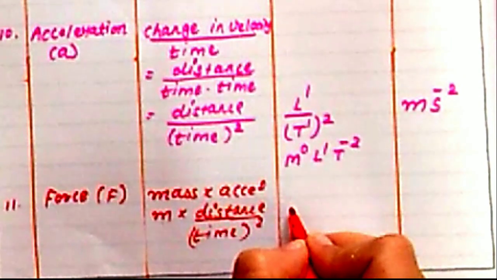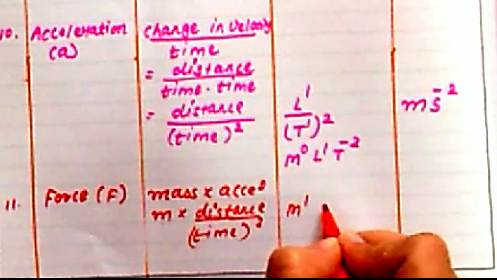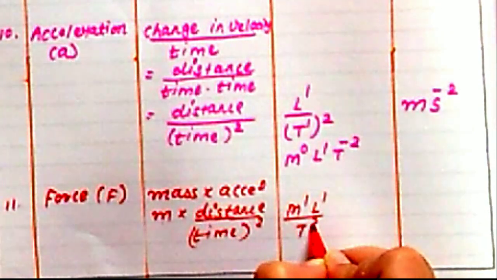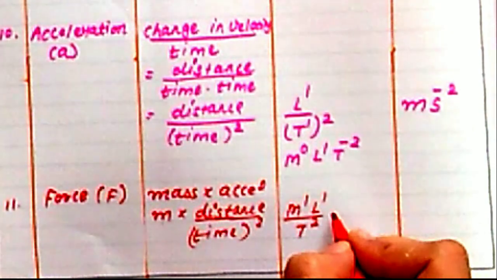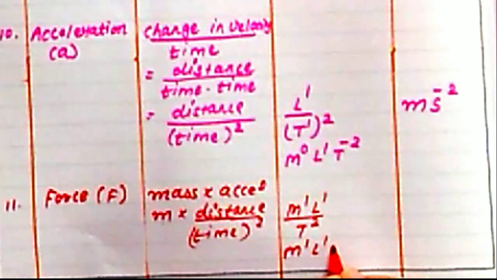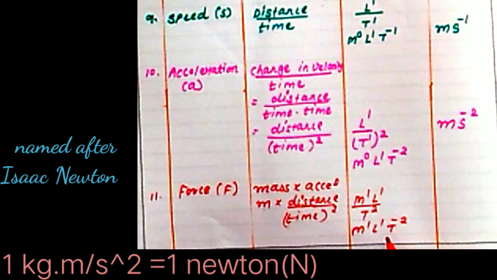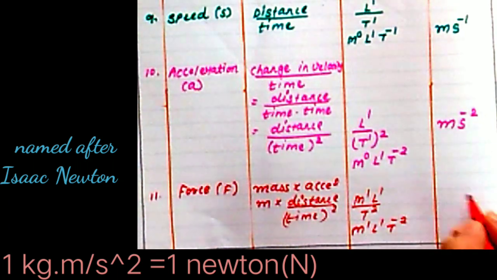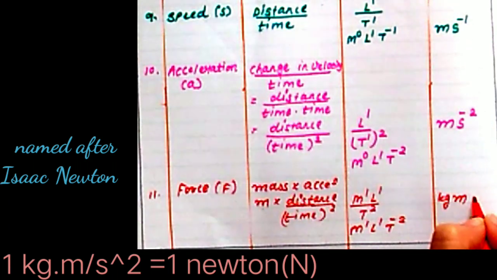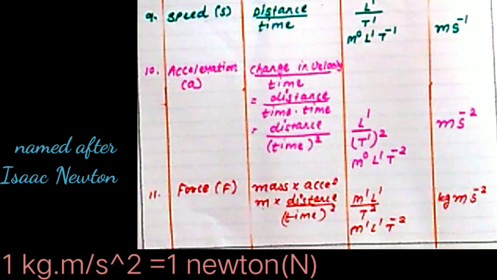Now dimensional formula of mass is M1, distance is L1 and time is T1, but here square, so 1 twos are 2, T2. Now M1 is as it is, L1 is as it is and T -2. Now the unit of mass is kilogram, unit of L is meter and unit of time is second -2.